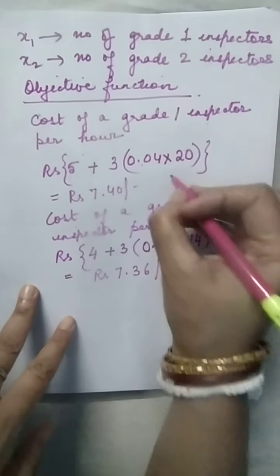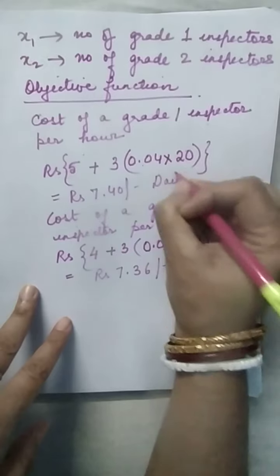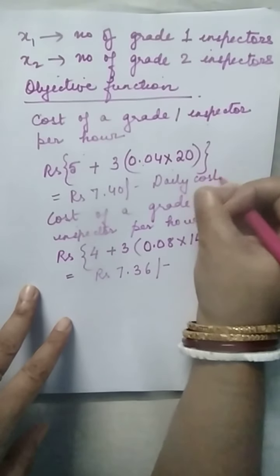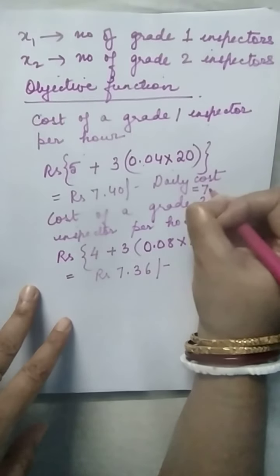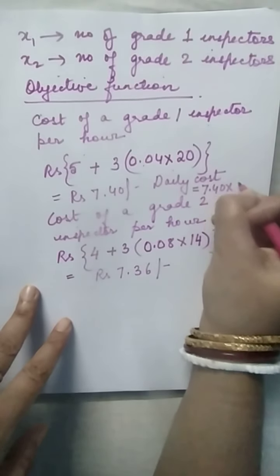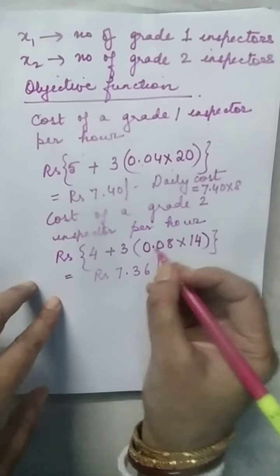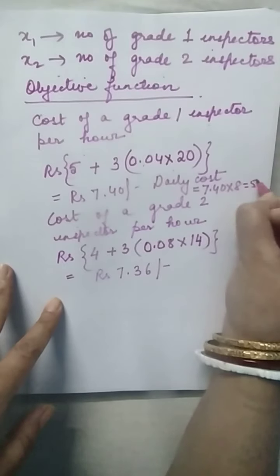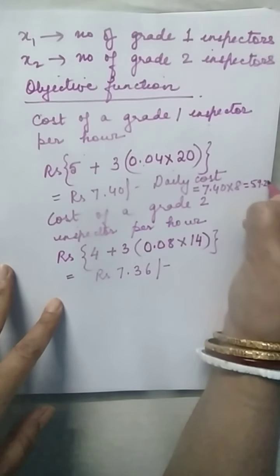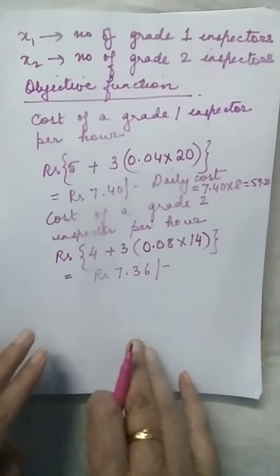So the daily cost comes out to be 7.40 into 8, which is equal to 59.20.